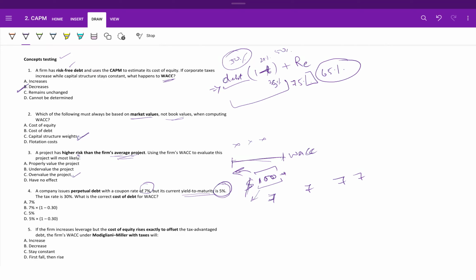And at the end of the time, you will be receiving only $100, the face value. The current yield to maturity is 5%, so this is what we are going to use when calculating the cost of debt. We are not using 7% here, but yes, 5% into the tax shield, because with debt, the tax shield always comes into play.